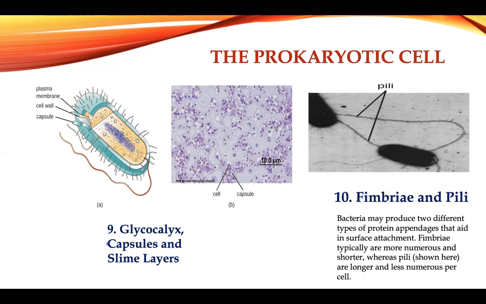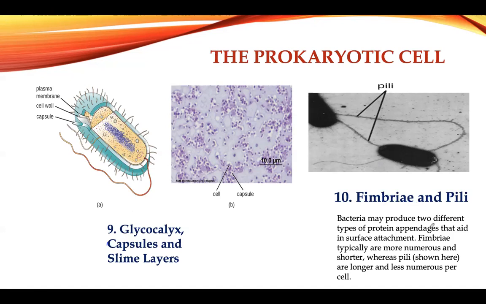This is their protective structure, and at the same time it determines the virulence, or you can say the pathogenicity of the bacteria. The bacteria with capsules and slime layers, it's very difficult to kill them. Versus bacteria without any capsule or slime layer, it's very easy to kill them.